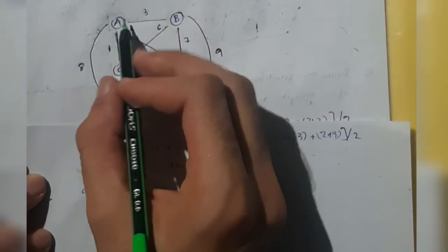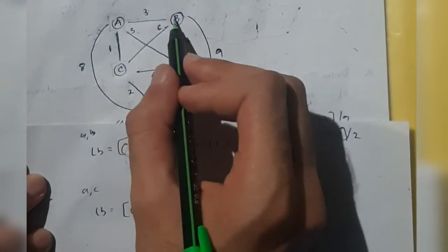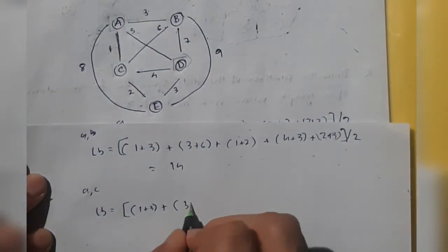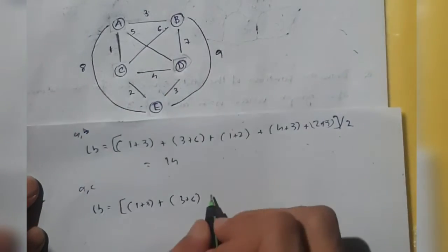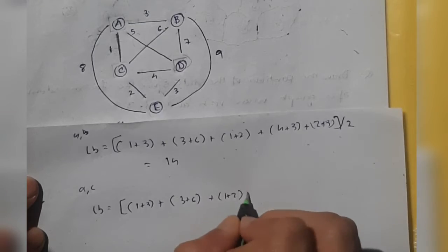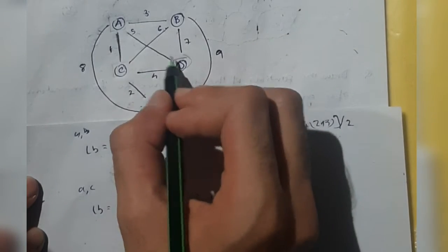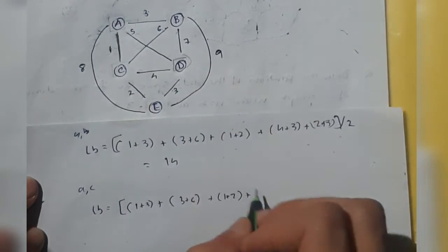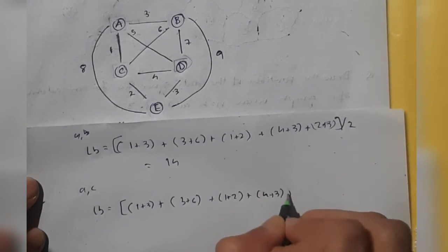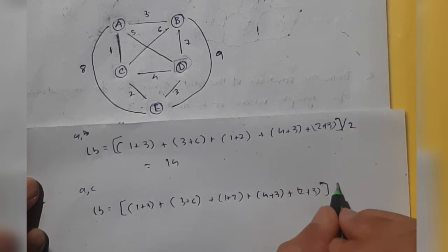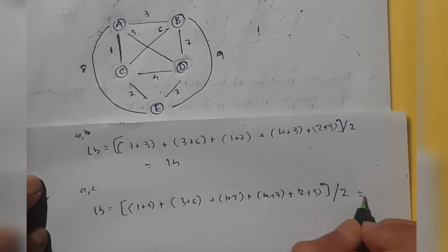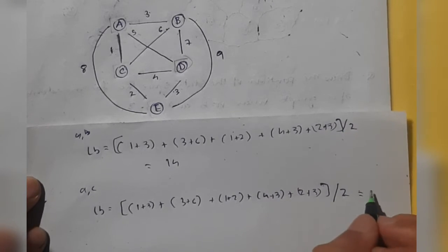Plus B. From B, it's not directly connected. The least two are 3 and 6. From C, this is selected. The second least is 2. Then from D it's not directly connected. The least two are 4 and 3. From E it is 2 and 3. And we will be calculating this and divide by 2. We will get the answer as 14.